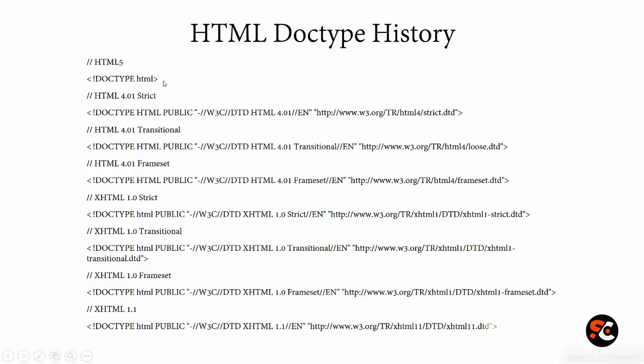One key note I want to remind you of is that even if you have HTML5 elements in your page and you have a doctype associated with an older version, it may render correctly anyway. For example, HTML5 has a video tag.